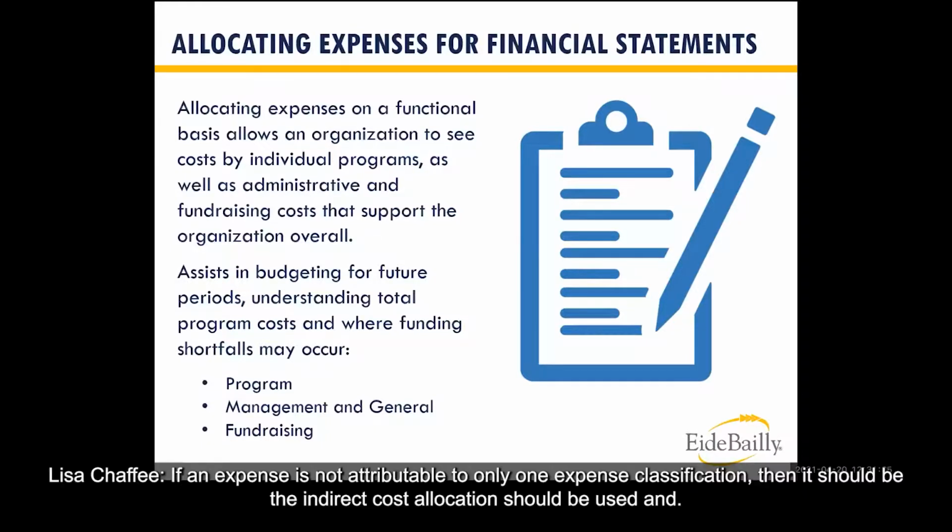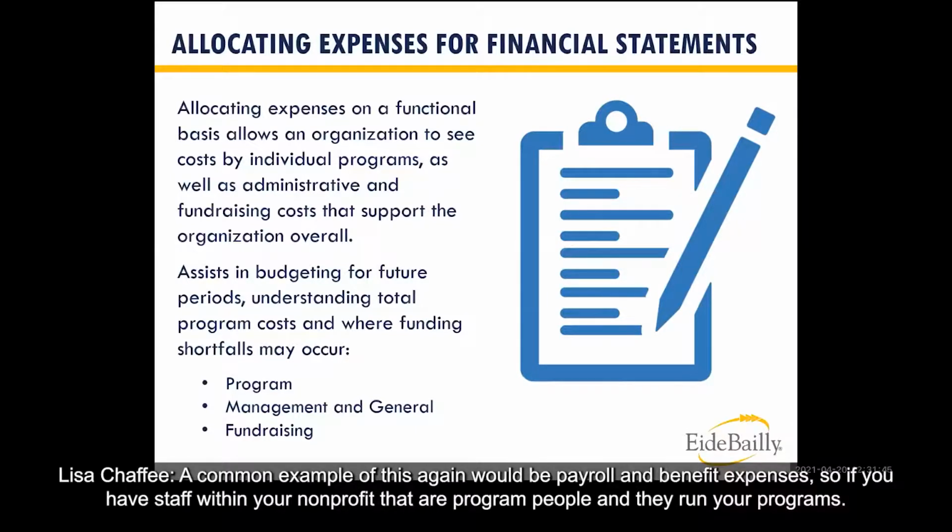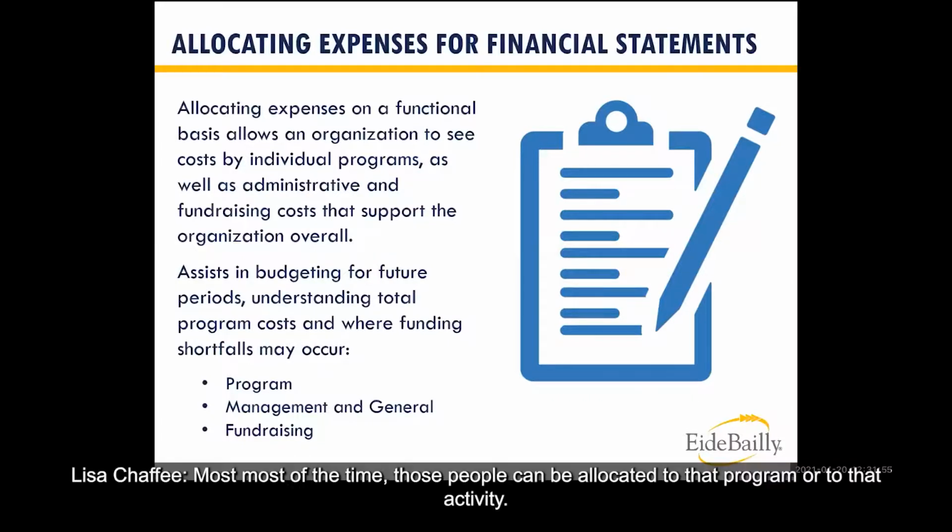If an expense is not attributable to only one expense classification, then the indirect cost allocation should be used. A common example of this, again, would be payroll and benefit expenses. If you have staff within your nonprofit that are program people and they run your programs, most of the time those people can be allocated to that program or to that activity.